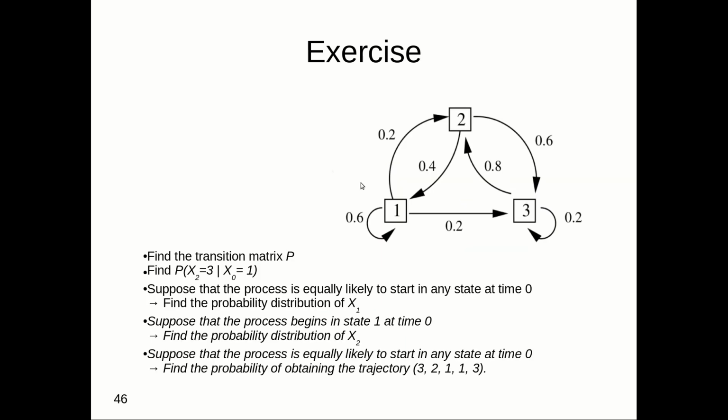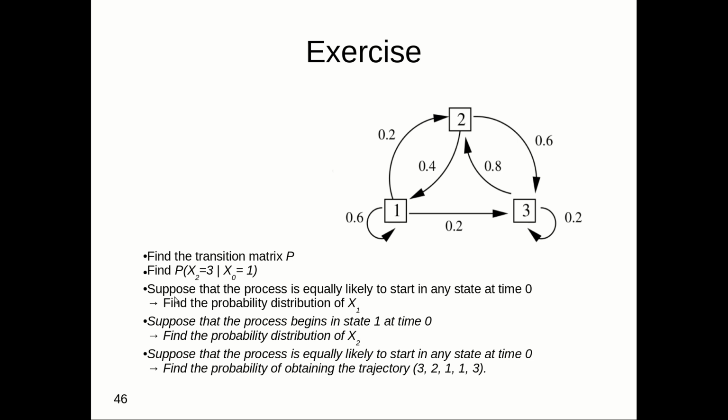Okay, and here's now a nice exercise for you. Given this Markov diagram, the first thing is to find the transition matrix P. Then I want you to find the probability of being in state 3 at time 2, given that you were in state 1 at time 0.